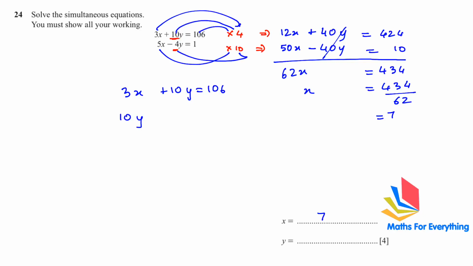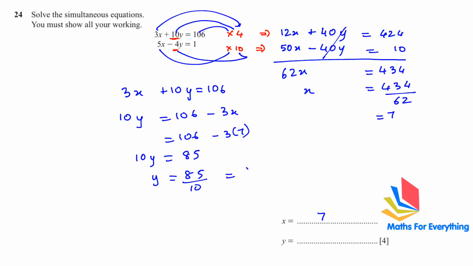So 10y is equal to 106 minus 3x. In place of x, we are substituting 7. So 106 minus 3 multiplied by 7 will give us 85. 10y is equal to 85. So y is equal to 85 divided by 10, which is 8.5.